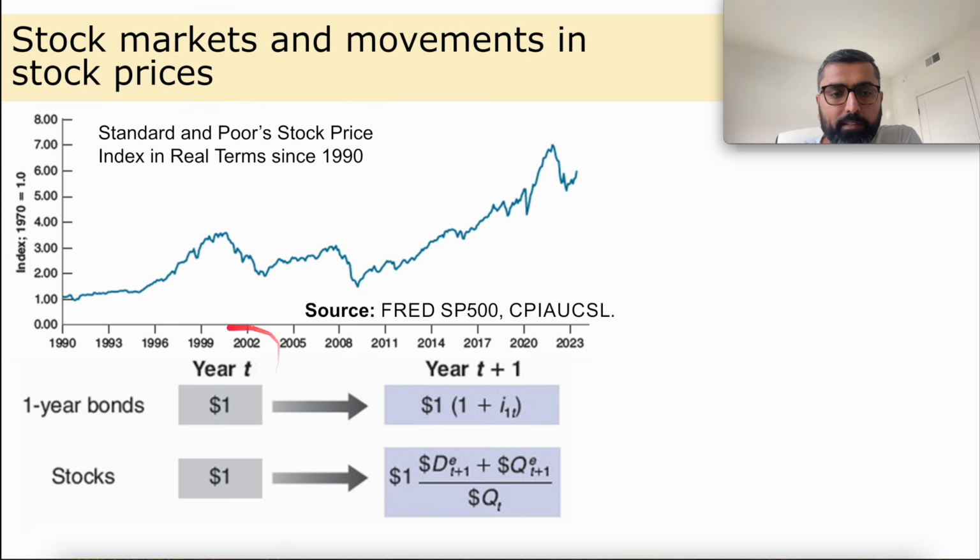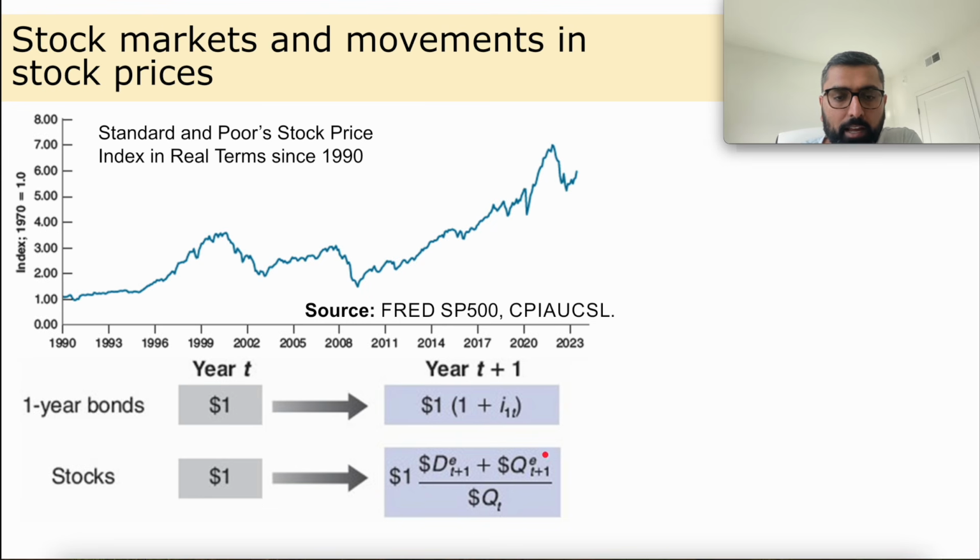Like we derived the bond price, if you hold a $1 bond for a year with an interest rate of i_t, you get 1 times (1 + i_t) as the value of your bond a year from now. Similarly, if you invest $1 in stock, you are expected to get dividends from the stock, and you will still hold the stock a year from now, and it'll have its own expected price Q_t a year from now. And the units that you will buy is, if you put in $1, then it'll be $1 divided by the price in year t.